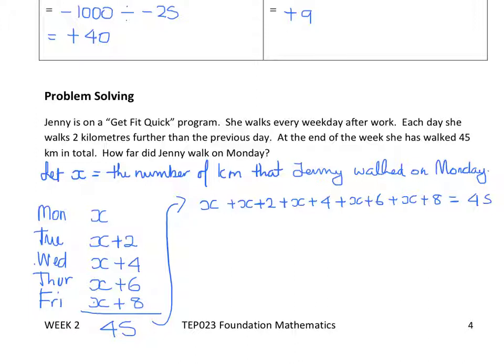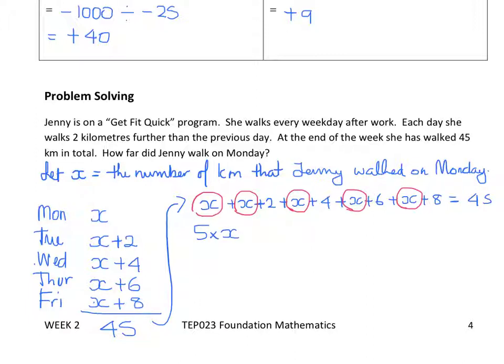That's an awfully long expression there. Maybe we can simplify it. How many x's do we have? 1, 2, 3, 4, 5. We can write that as 5 times x.